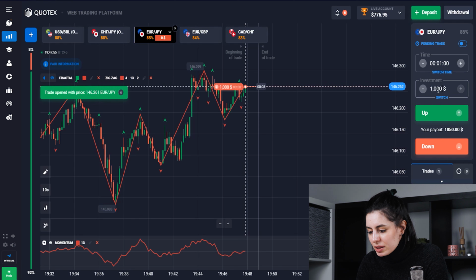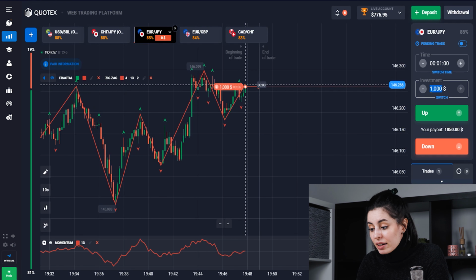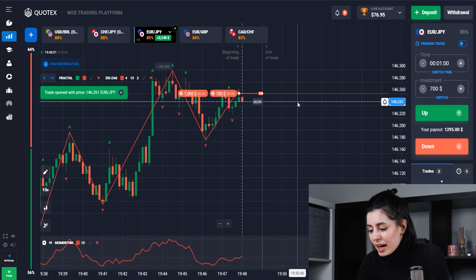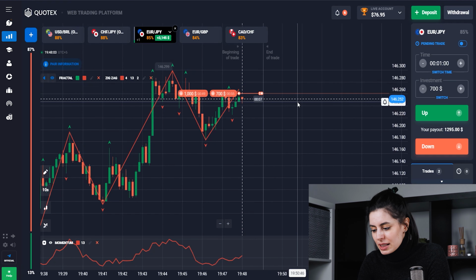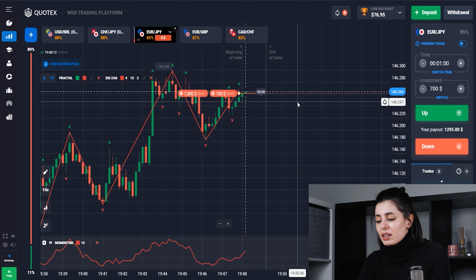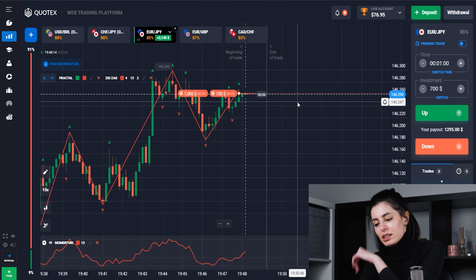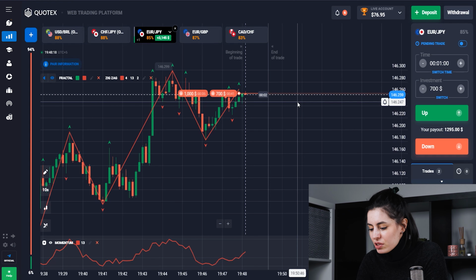I do expect it's going to be a downward tendency, and fractal is giving me the hint that the downward trend ended, but I don't trust that, and I don't trust zigzag. I just check what we are having on the chart, and what we've been having on the momentum field, and I do expect it's gonna be a roller coaster, just because look at what has been happening with this chart before.